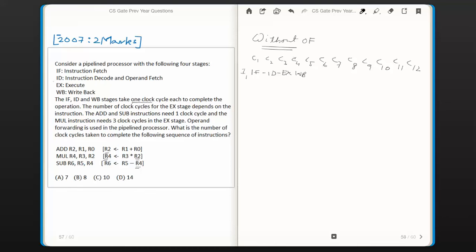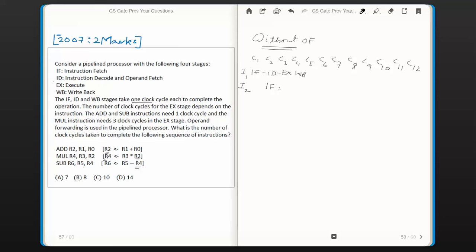So in the first 4 clock cycles the first instruction would get completed. Now the next instruction fetch can be scheduled at C2, right? So when instruction decode and operand fetch of I1 is progressing, in parallel we can start instruction fetch of the second instruction.